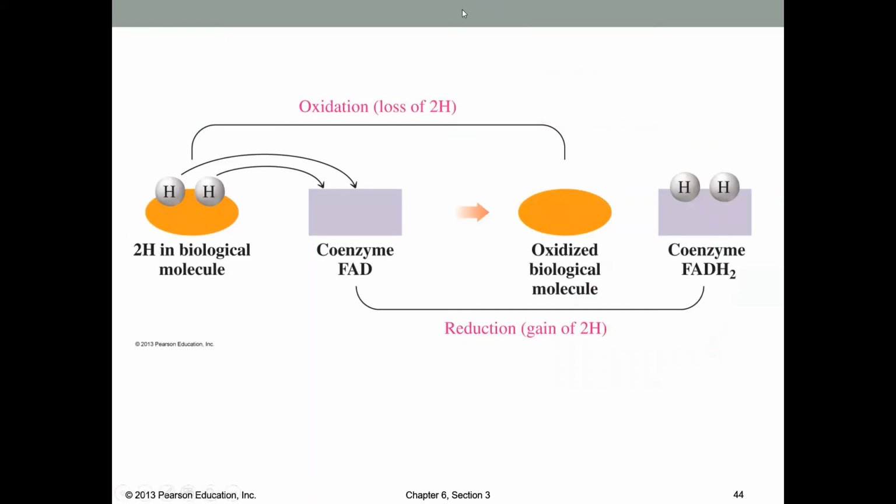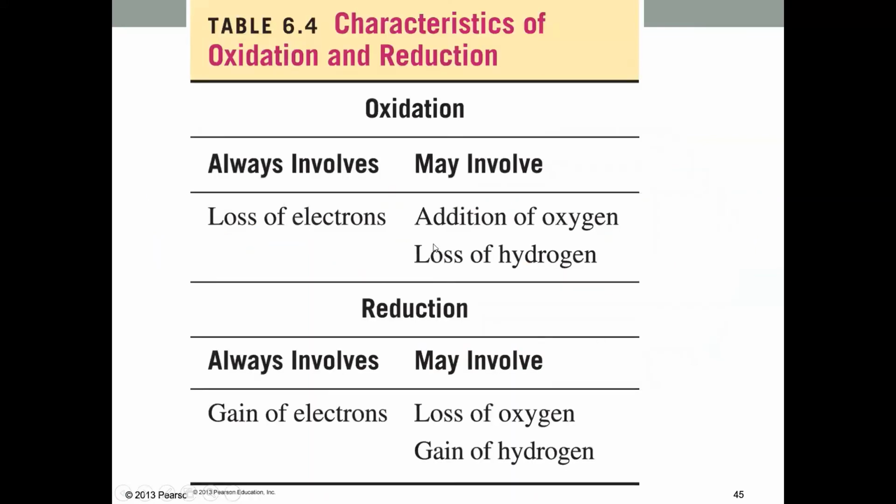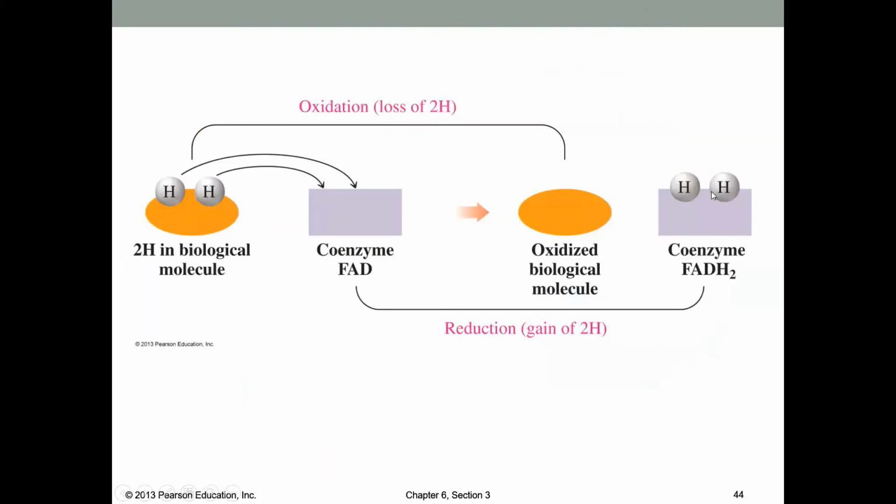So here's a good example when we're looking at our biological coenzyme FAD. In this case, if I have a molecule here, some carbon-containing compound, it has 2 hydrogens, I'm going to give away those 2 hydrogens to FAD. And FAD is going to be reduced, it's going to gain them and become FADH2. In the process, what I don't show you here is that we actually form a double bond between 2 carbons, so those hydrogens just freely go.